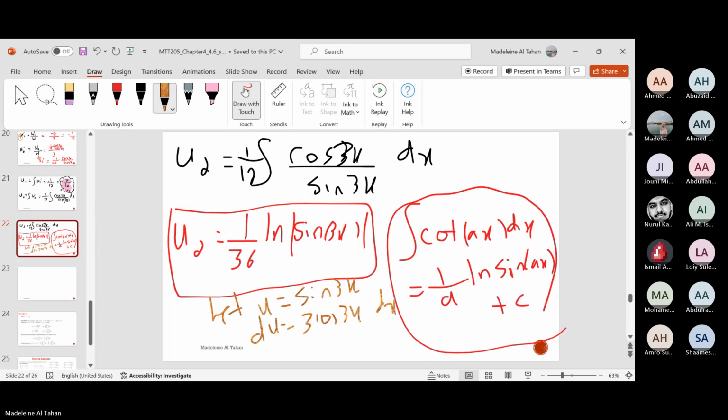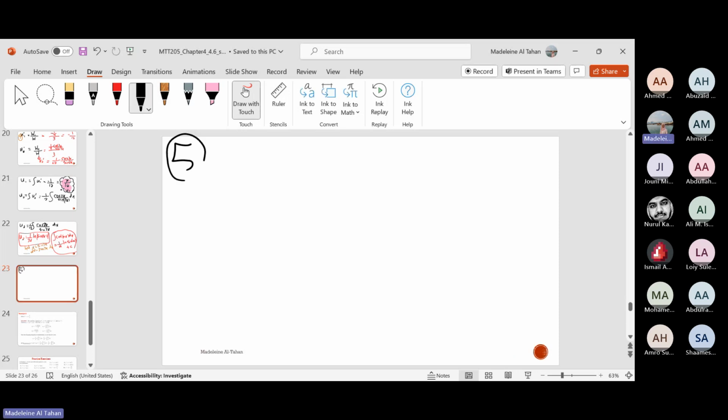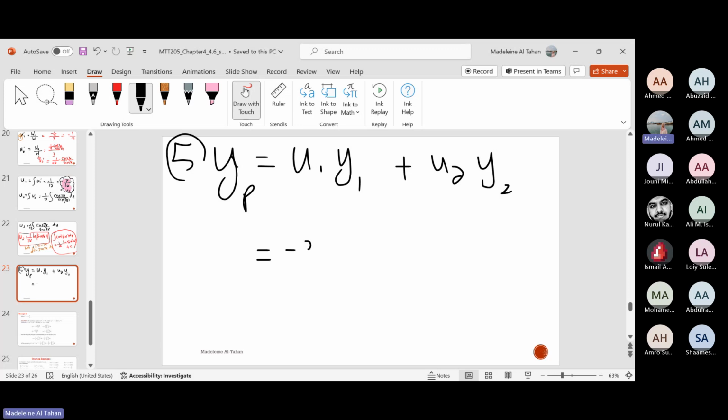No. Now, miss, step number 5. The particular solution yp is u1 y1 plus u2 y2, which is u1, we got it as negative x over 12. y1 was cosine 3x, right, miss?